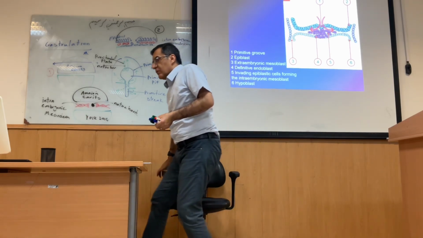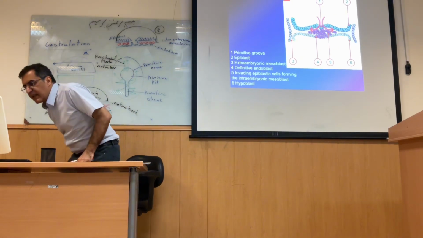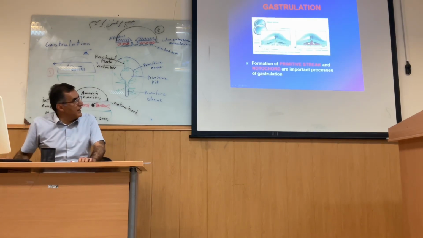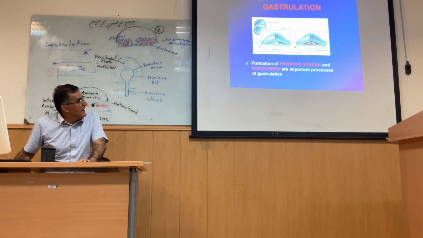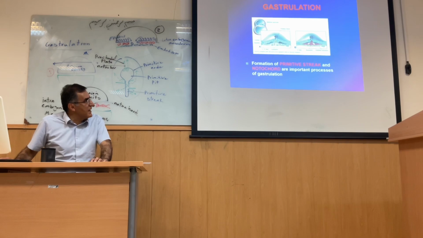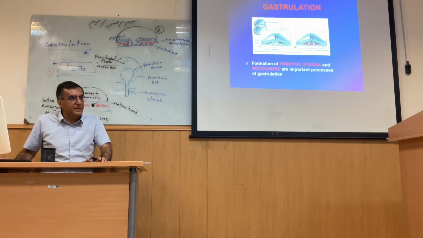Or we check if there are some slides. Look at the pictures, please. The yellow color is the first wave of migratory cells. They make the hypoblast. The red color is the second wave. Look at the pictures. These red cells make the intraembryonic mesoderm.